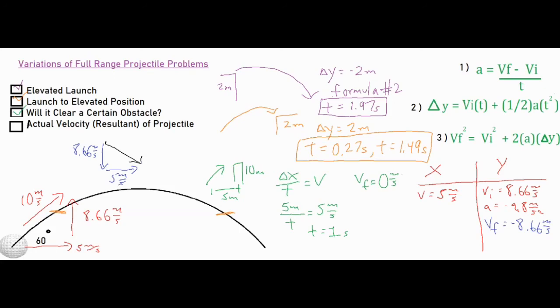So like I said, what you would do is you would grab the vertical component and the horizontal component, connect them in the tip to tail method, which means that wherever one vector ends, the next one starts. And then you connect a line from the beginning of your first vector to the end of your second vector. And then you would use the Pythagorean theorem to find the hypotenuse of your triangle. And then you would be able to solve for the actual velocity of the projectile.